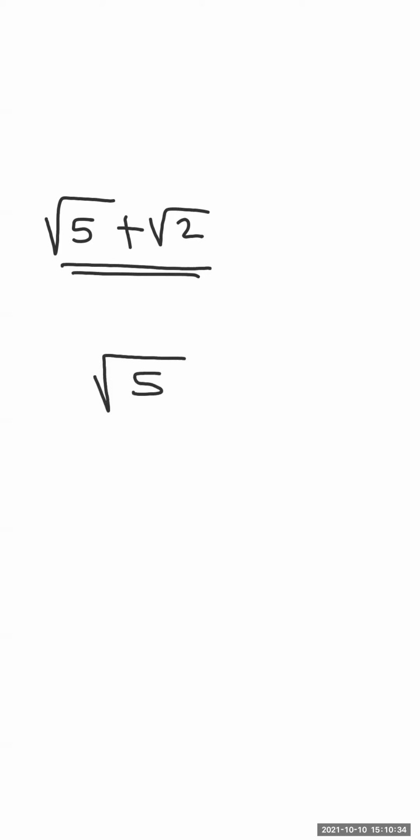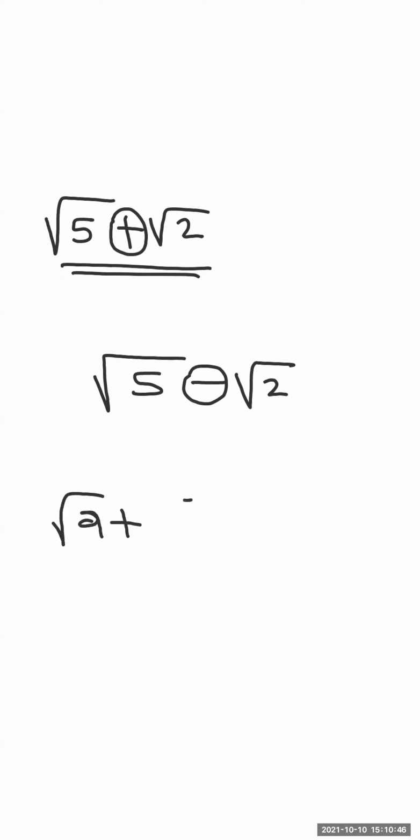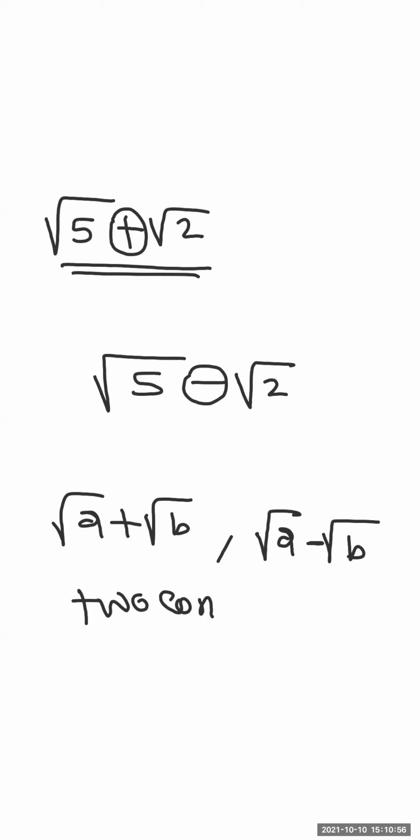If there is a square root of 5 plus square root of 2, the conjugate for this one will be square root of 5 minus square root of 2. So the only difference between the two numbers is the sign here in the middle.